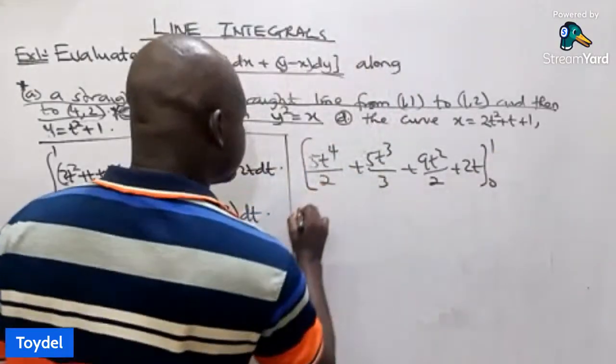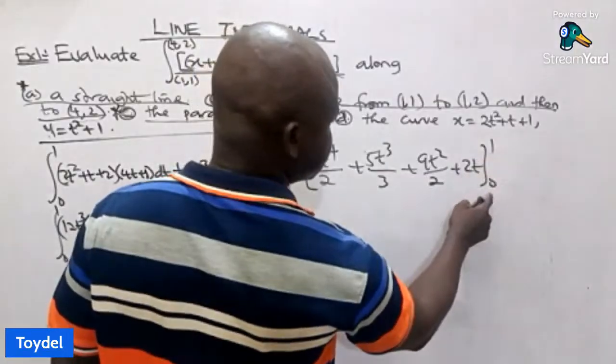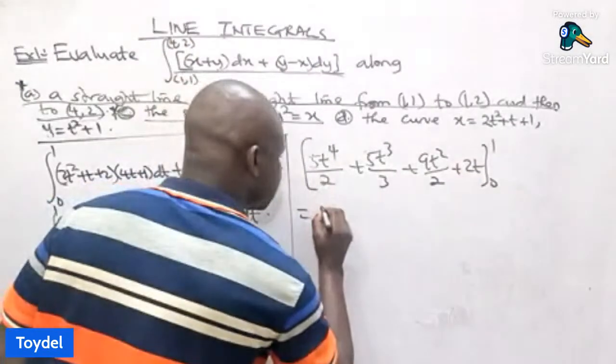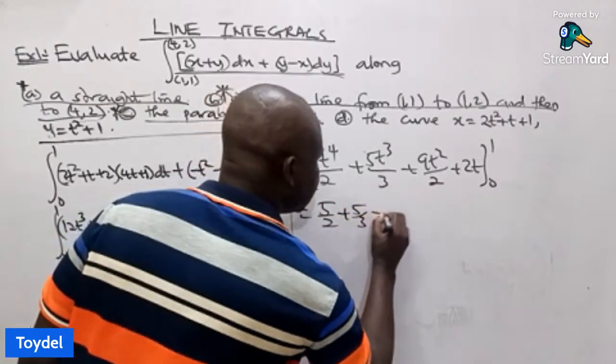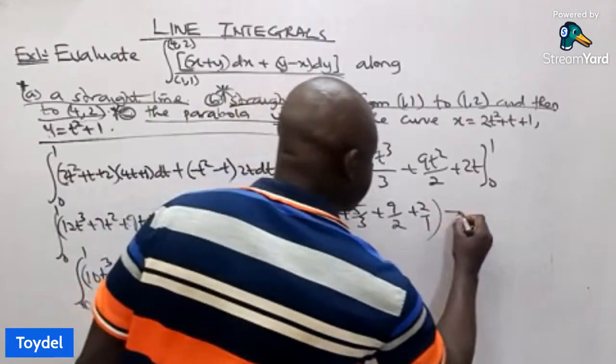Of course, I will only substitute for the value when t is equal to 1. When t is equal to 0, everything here will vanish. So we substitute for t equal to 1. That will be 5 all over 2 plus 5 all over 3 plus 9 all over 2 plus 2 all over 1, into bracket minus 0.